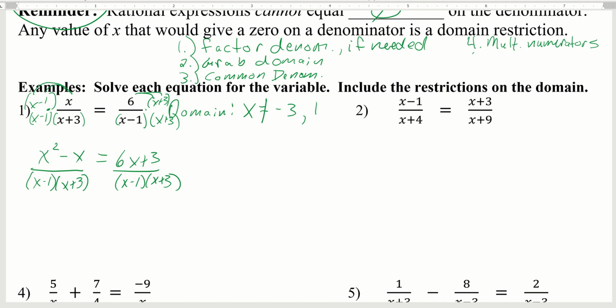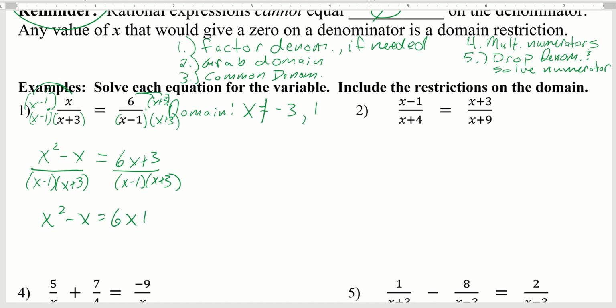Okay, so I'll kind of put a 5 here, but I'll say drop denominator and solve numerator. Okay, so I'm going to drop the denominator and I'm just going to solve the numerator.